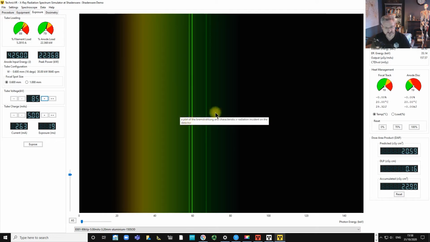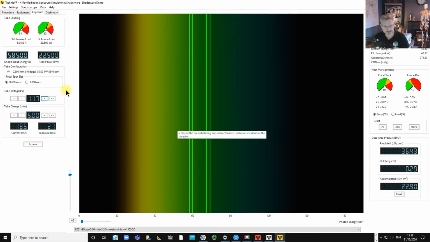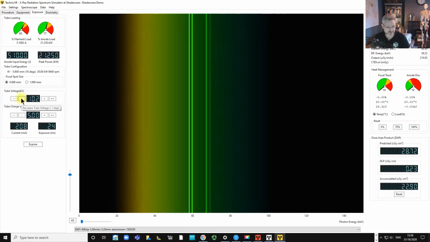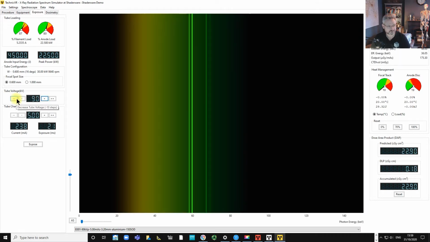We get these characteristic lines, and we start to get blues. The higher we go, we start to get more blues and less just oranges and greens. So we're actually changing what's called the quality of the X-ray beam, because the light changes, if you like, in quality, in nature, when we change the tube voltage.